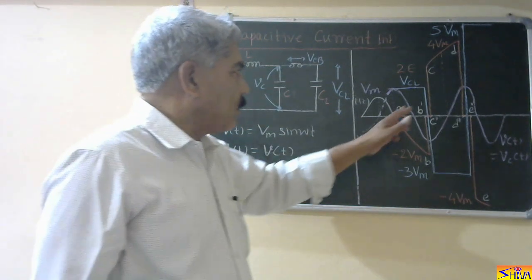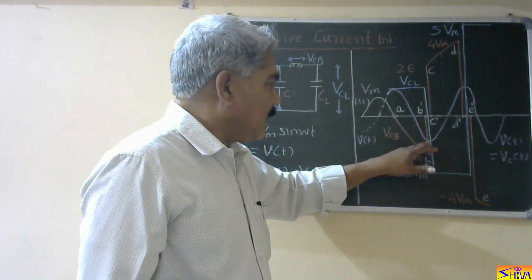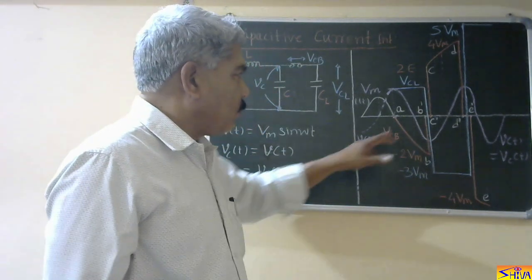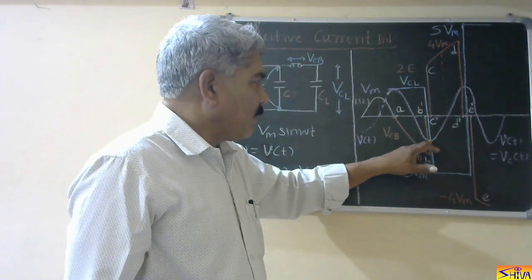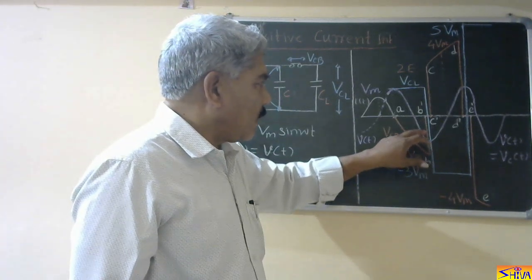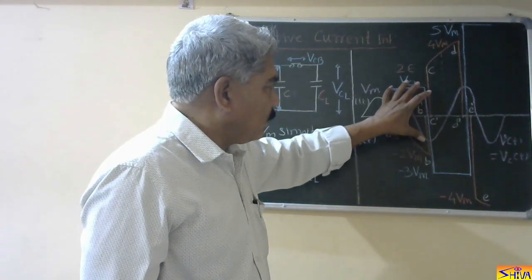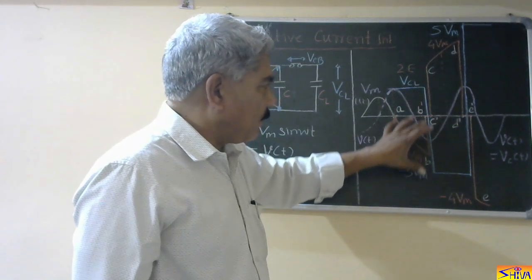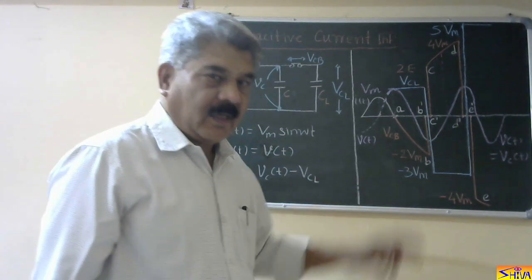So high frequency oscillations of VCL will occur with respect to the instantaneous value of the supply voltage. At this instant, the instantaneous value of the supply voltage is minus Vm. So high frequency oscillations of this will take place with respect to minus Vm.